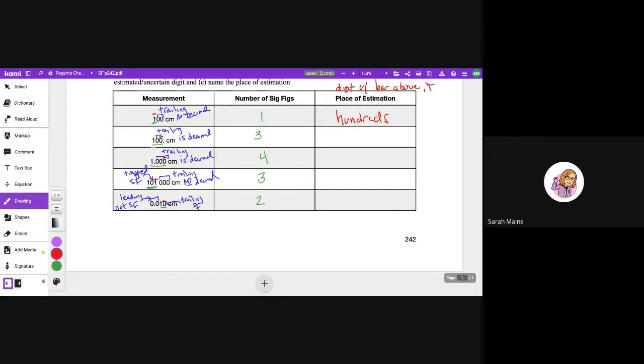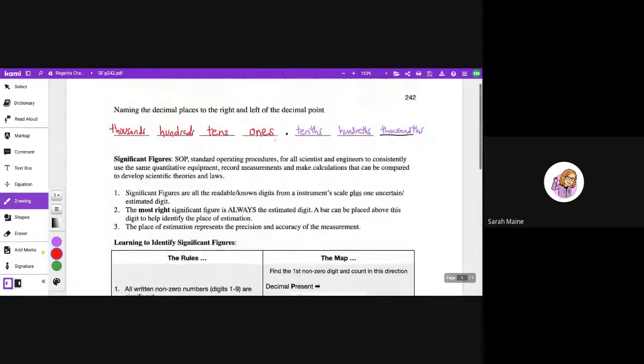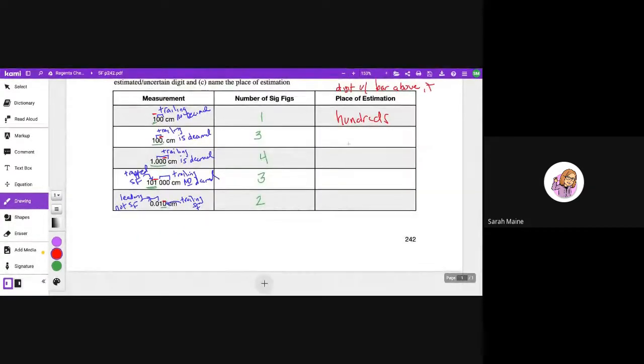Whereas you look at the next value, 100 centimeters with the decimal, the position that the digit with the bar above it is 1 place to the left of the decimal. So if I go back up to the top, here's my decimal, one position to the left of it puts me in the ones spot. So my place of estimation here is in the ones.